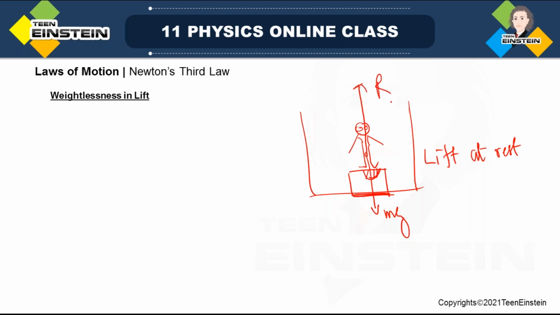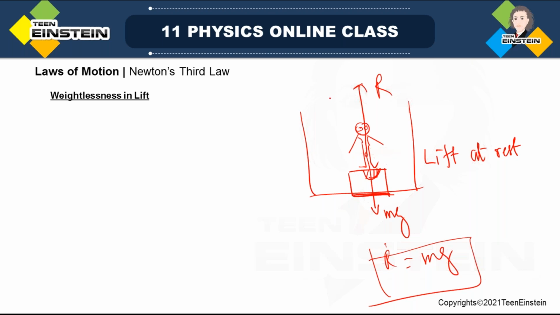And eventually, this R and mg will be equal when the lift is not moving. Because of this R or normal reaction, we feel our weight.